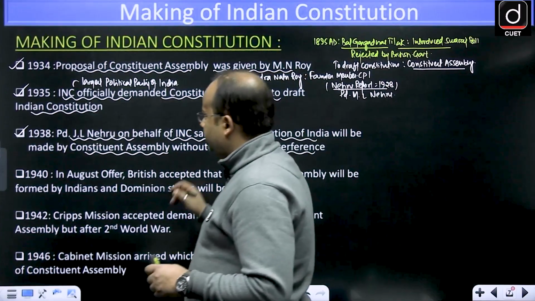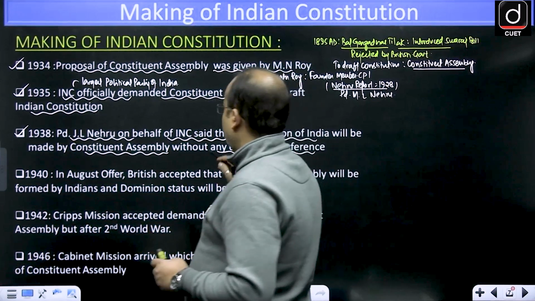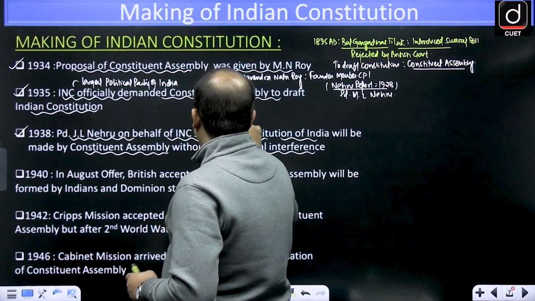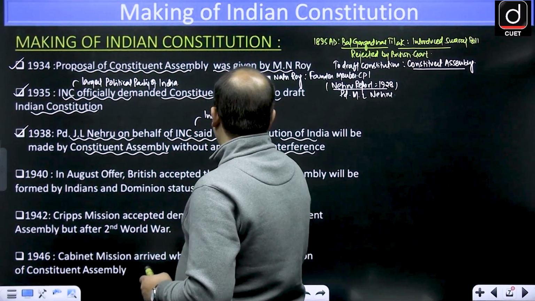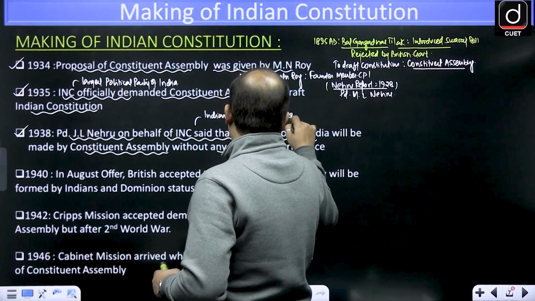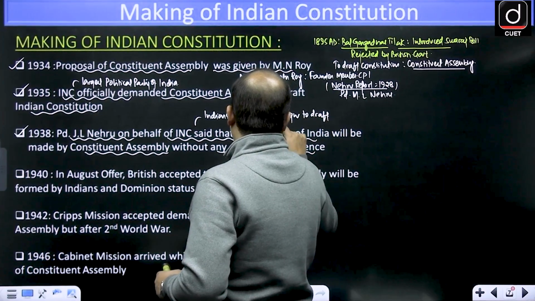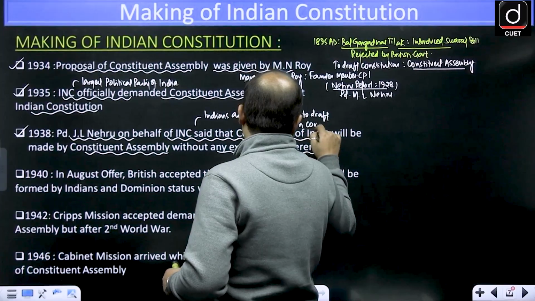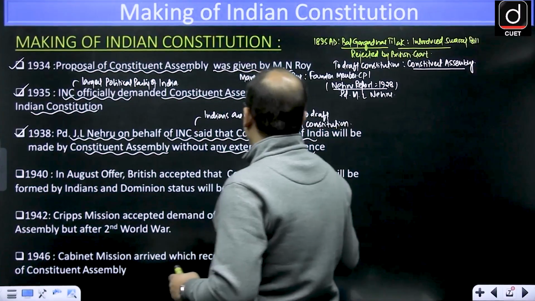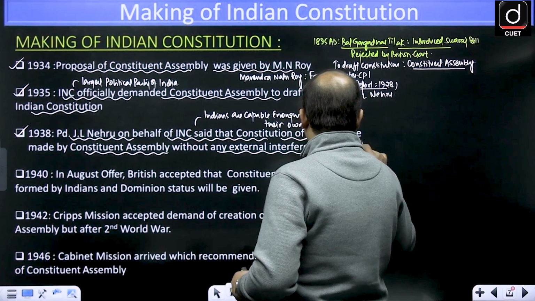Indians are capable enough to draft their own constitution, and without external interference means without the help of the British.